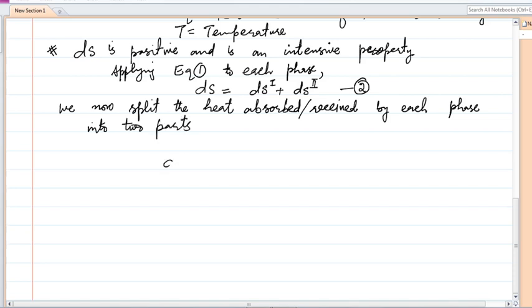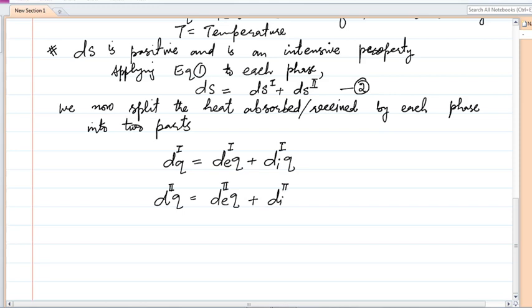That means we can write dQ for the first phase will be equal to deQ first phase plus diQ first phase. And similarly, for the second phase, we will write dQ second is equal to deQ second phase plus diQ second, and we will name it as equation number 3.